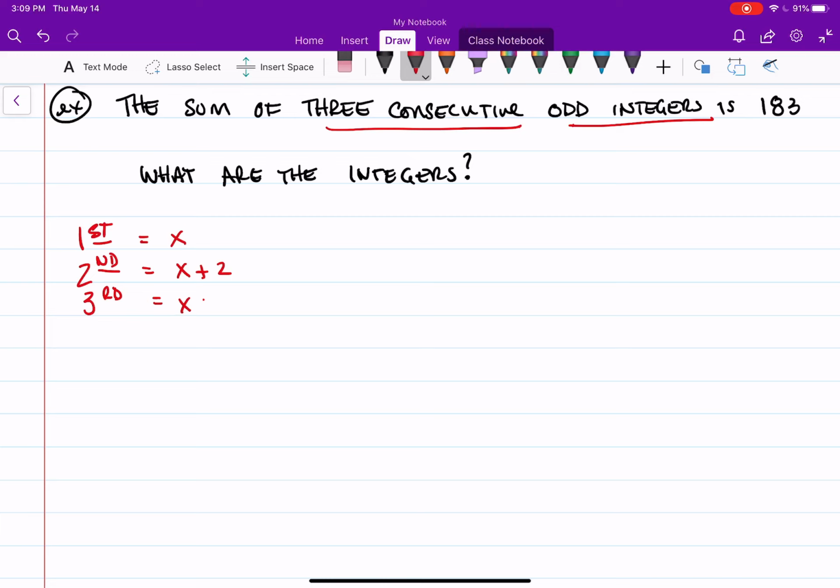It'd be x plus 4. So I know when to stop. I wouldn't write down x plus 6, x plus 8. I just want 3 of them. What do I do with these 3? The sum of those 3 equals 183. So I take x plus the x plus 2 plus the x plus 4 and set it equal to 183.